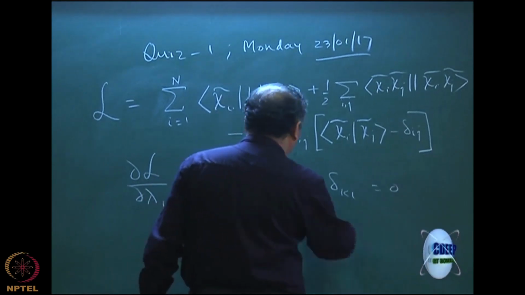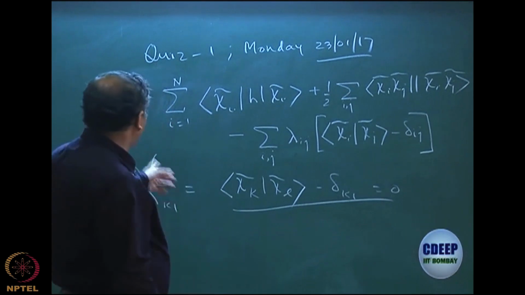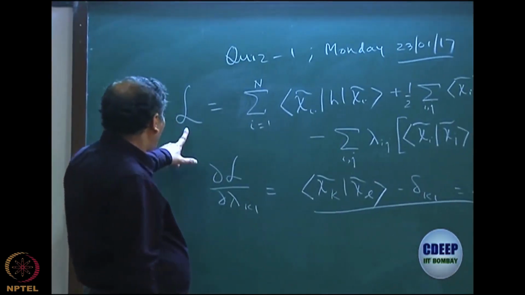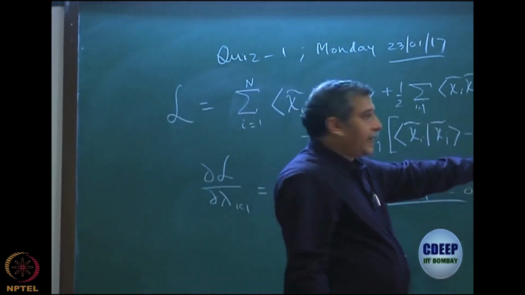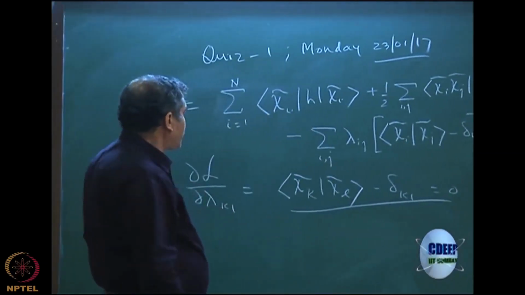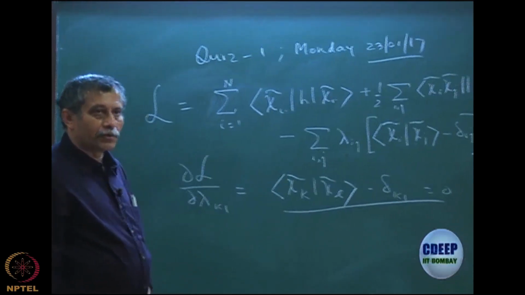That automatically gives me the orthonormality equation. I am differentiating because I want to make this stationary, and in particular a minimum because of the variation principle. So the first condition is to make the first derivative equal to 0.